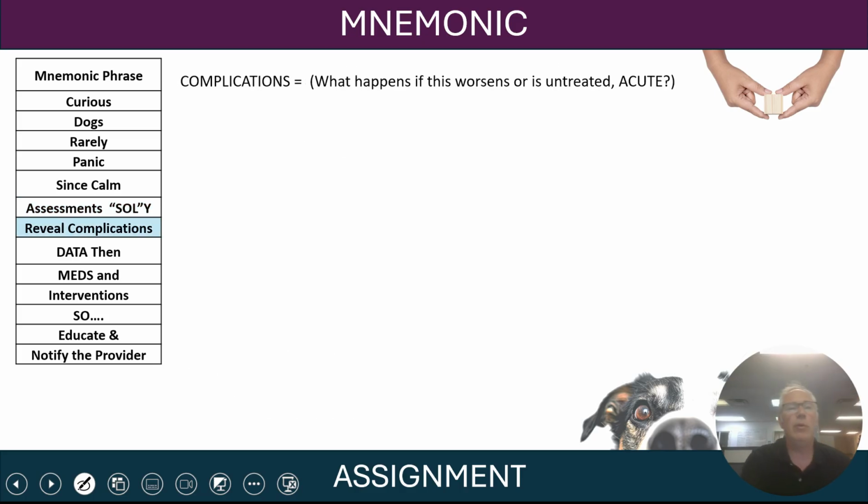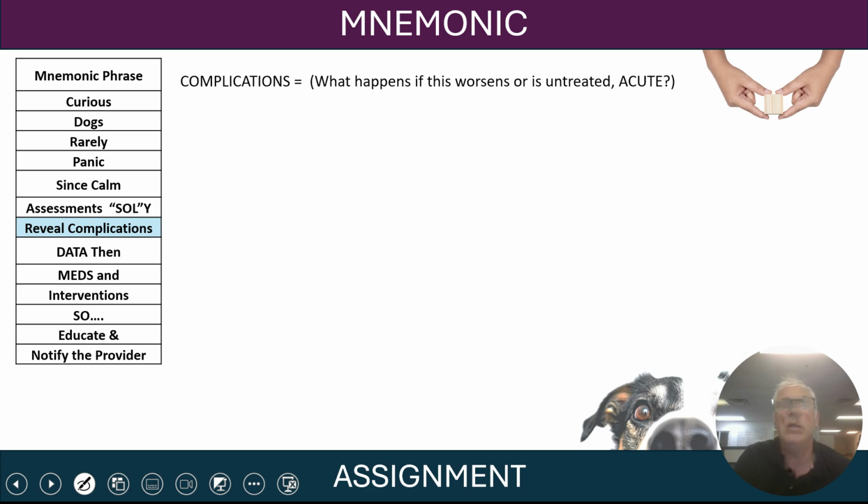The next thing we go into is reveal complications. So "Curious Dogs Really Panic Since Calm Assessments Solely Reveal Complications." And what are complications? Exactly like the word states, it's what happens or worsens if it is left untreated. And this usually ends up in an acute complication, and we'll talk more about that as we get into it.